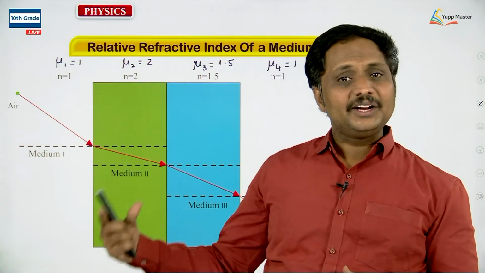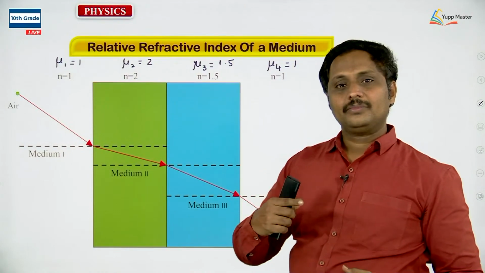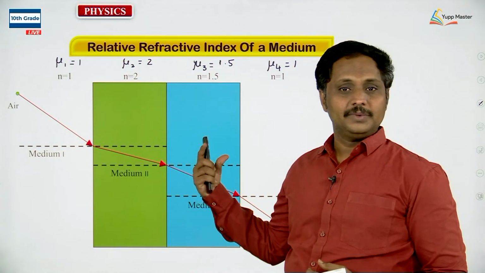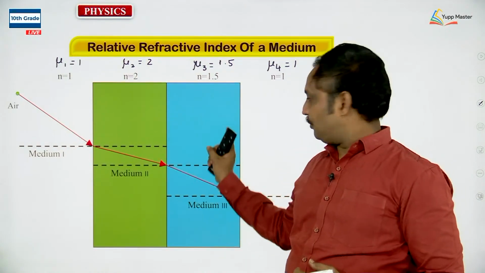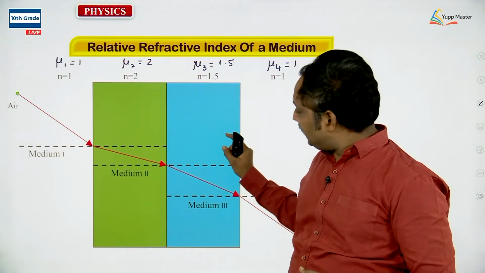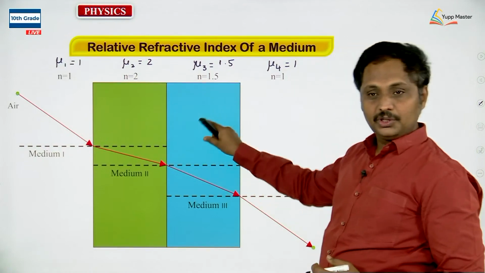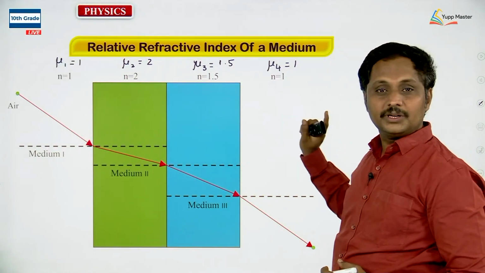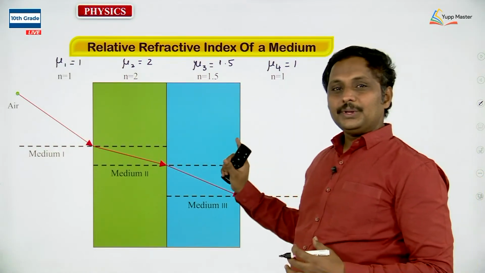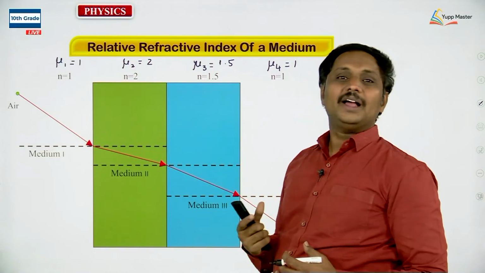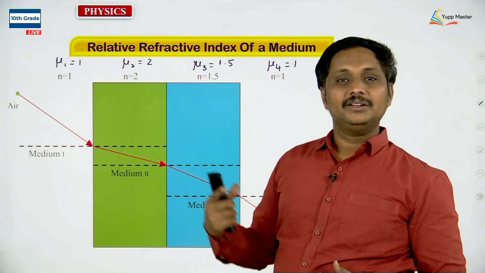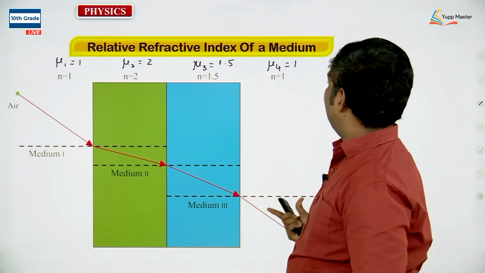Light has entered from one medium to another, and after that it continues refracting. It goes from the second medium to the third one, and the third to the fourth one. So the refraction phenomenon is identified by the number of times.